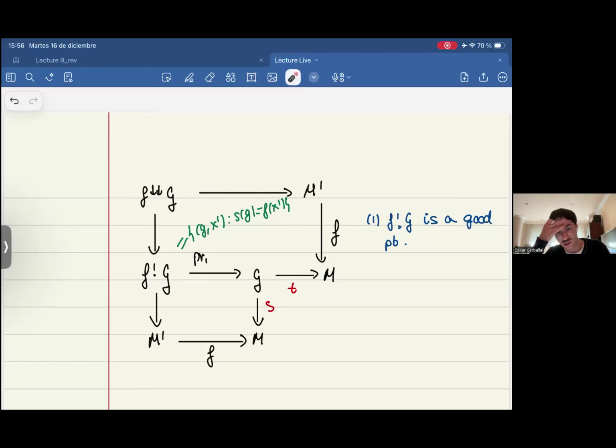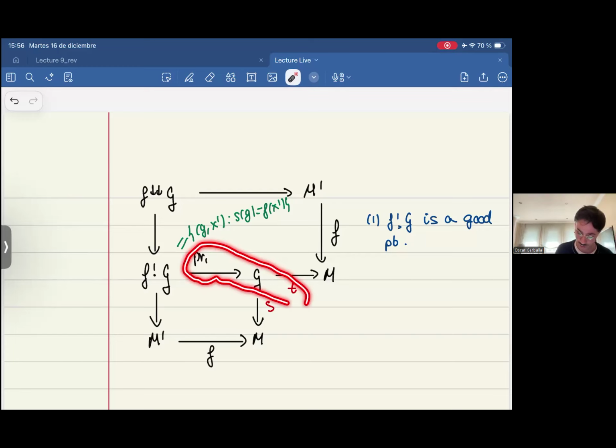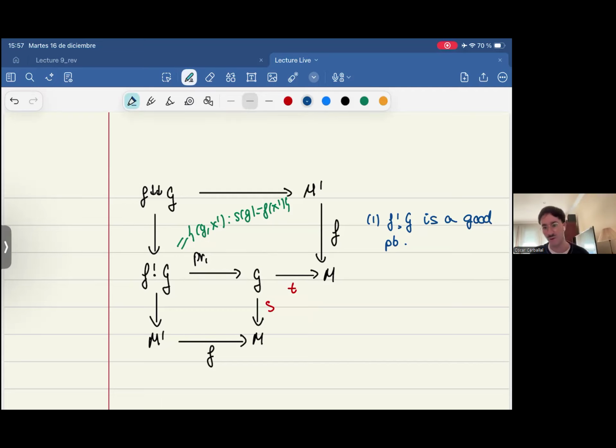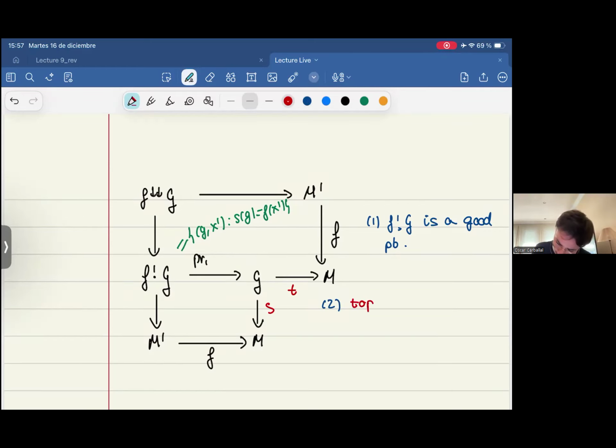But one could say something more interesting for our purposes, which is precisely requiring that this arrow here be a surjective submersion, the composition of the target with the projection. And as we will see when talking about Morita maps, this is a very natural condition, even more natural than requiring that F is a surjective submersion.